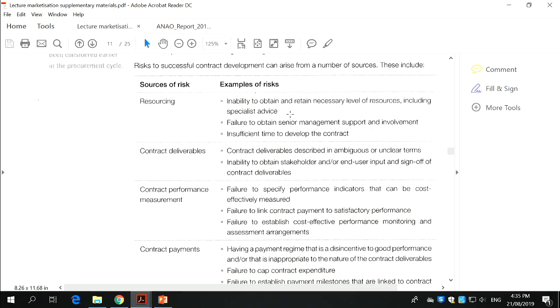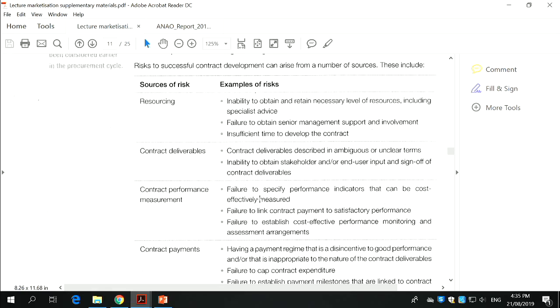Including specialist advice or failure to obtain senior management support, right? So another risk relates to contract delivery, such as inability to obtain stakeholder or end user input or sign off for contract deliveries, etc.